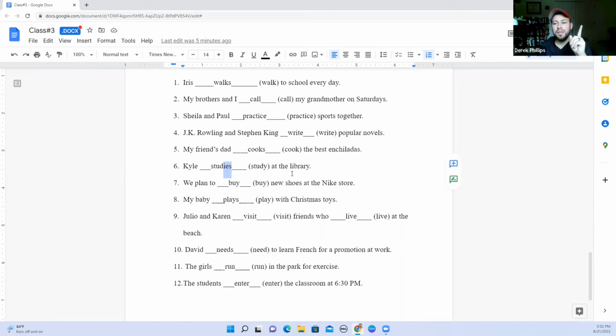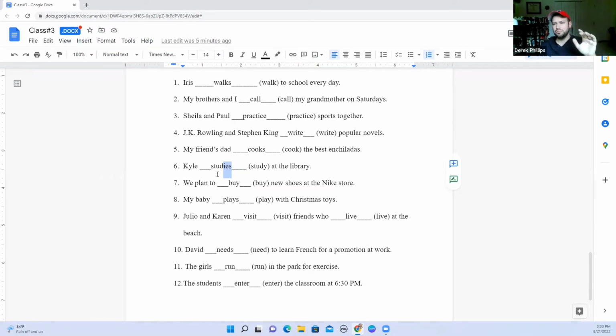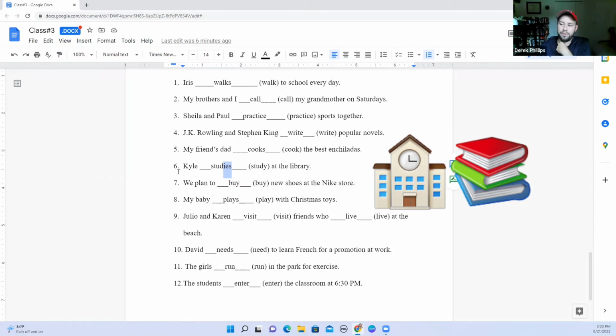Well, that's because if a regular verb ends in Y, we change the Y to IE and add the S. You will see more and more examples, but don't worry. This verb is regular, but we have a small spelling change, just a small spelling change. So Kyle studies at the library, en la biblioteca, at the library.